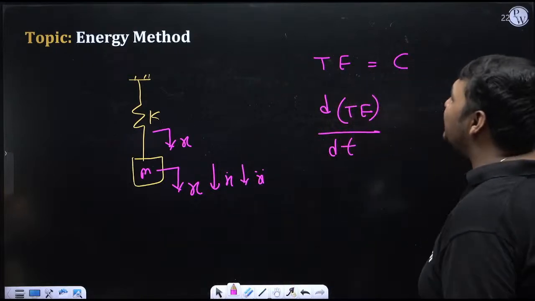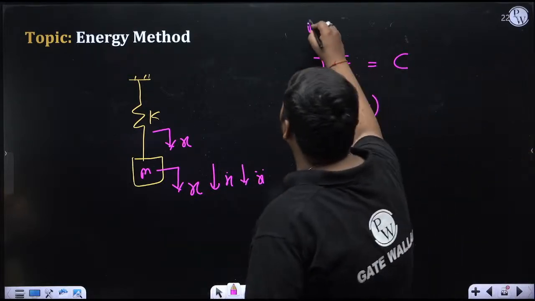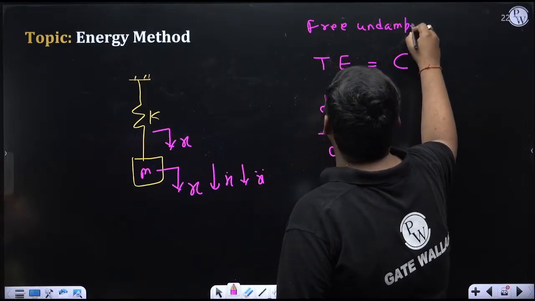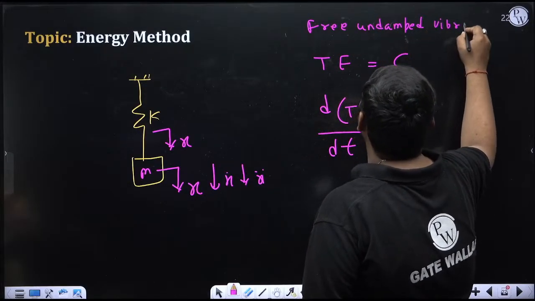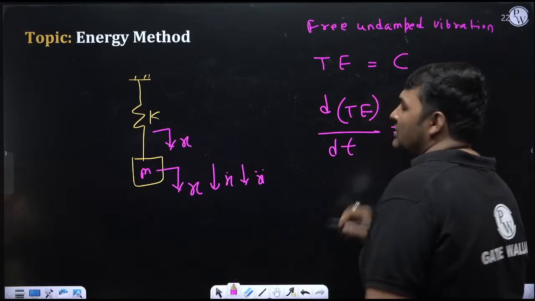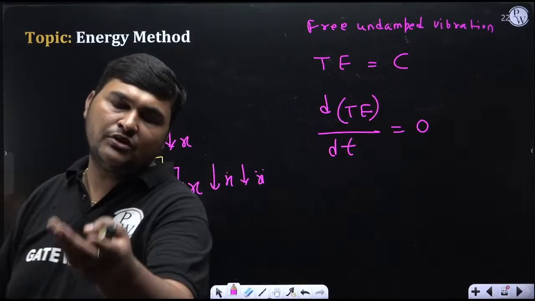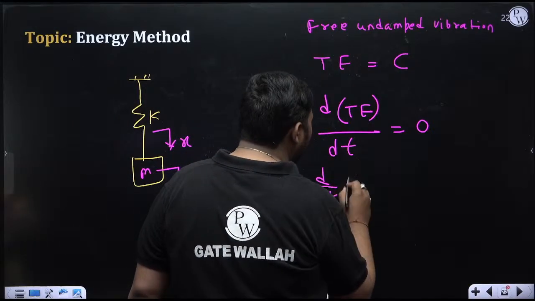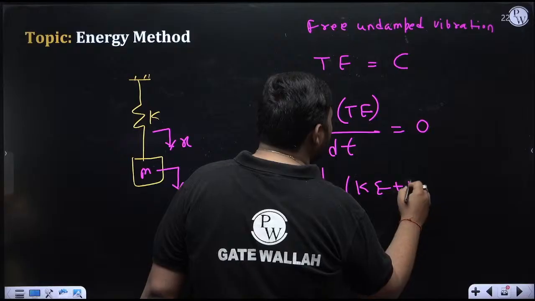In free undamped vibration, the differentiation of total energy with respect to time will be zero. Reason: total energy is constant and differentiation of a constant is zero. And total energy is nothing but the summation of kinetic energy plus potential energy.